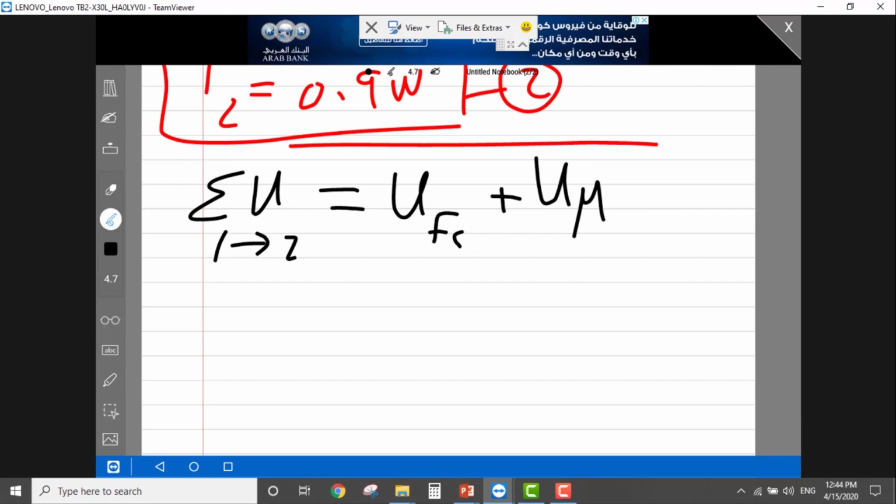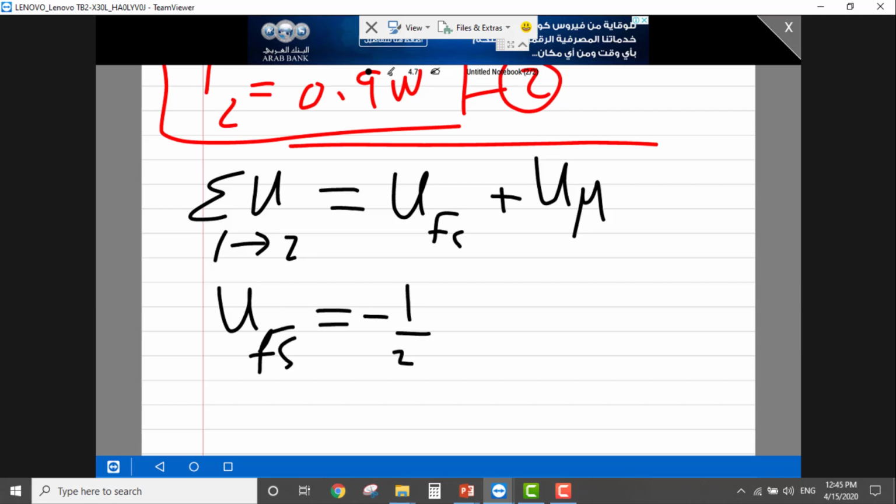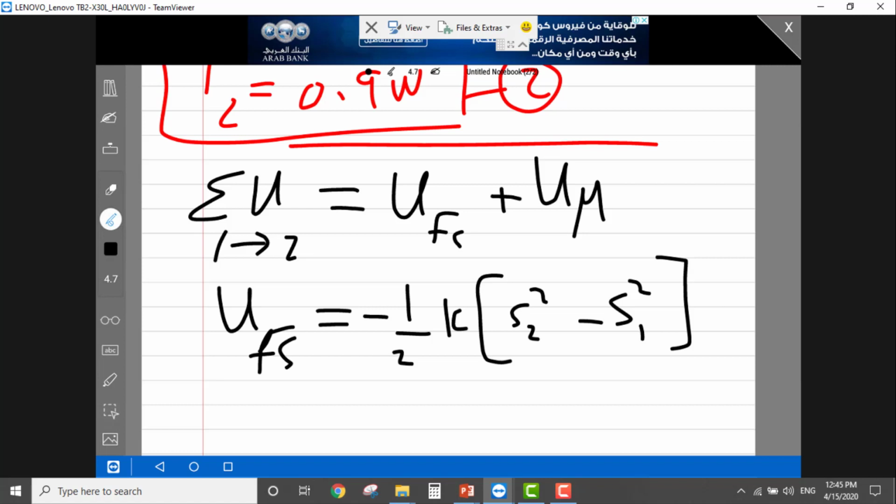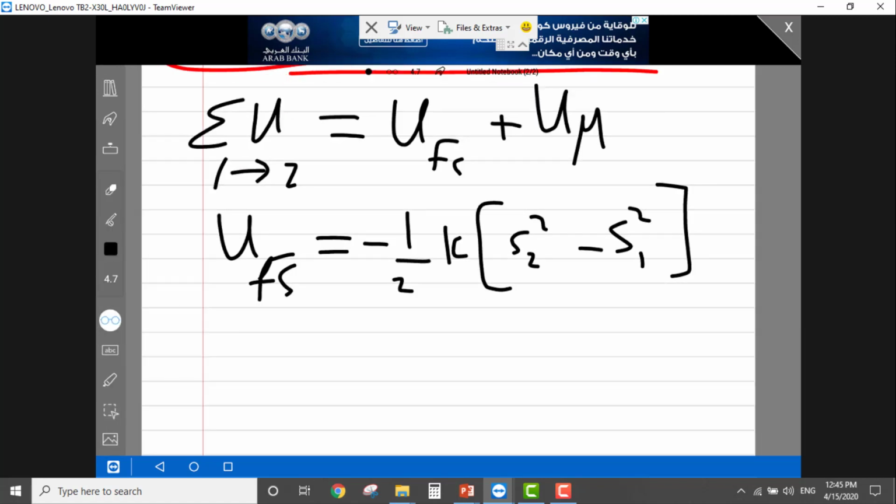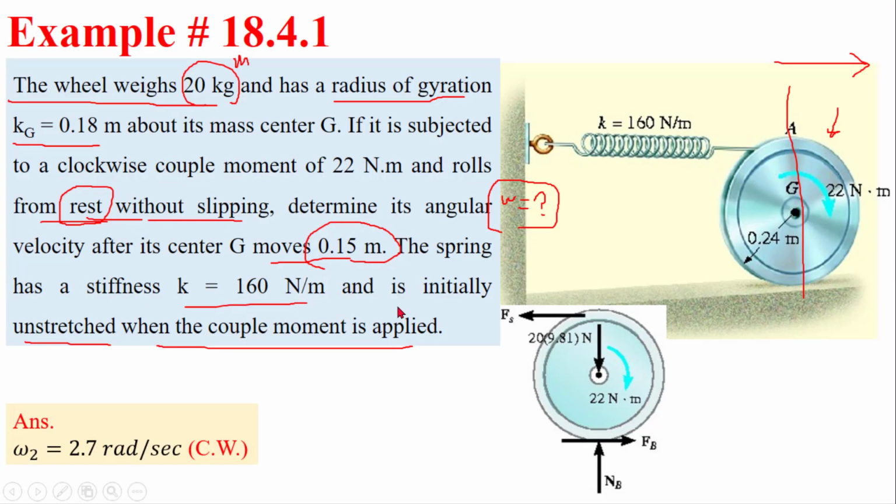The work due to the spring force is always negative, so minus half K times S2 minus S1 squared. In the problem statement, it's mentioned that this spring was initially unstretched, so I substitute S1 equal to 0.